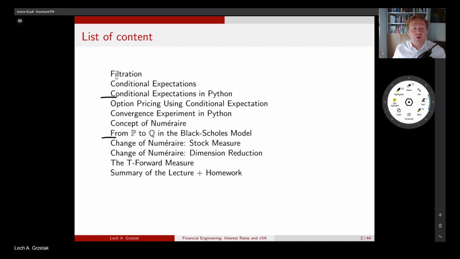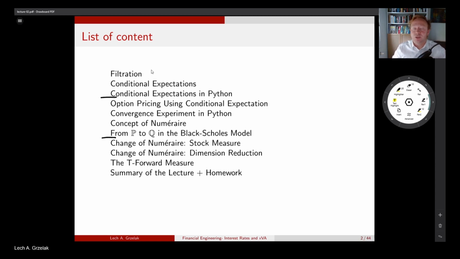In the first block I will discuss filtration, conditional expectations, and conditional expectations in Python. Change of measure will be discussed later, but filtration and conditional expectations come first. I will show you why it is important that you understand the filtration, how it is related to traveling in time, where you have to decide what is known and what is not known.